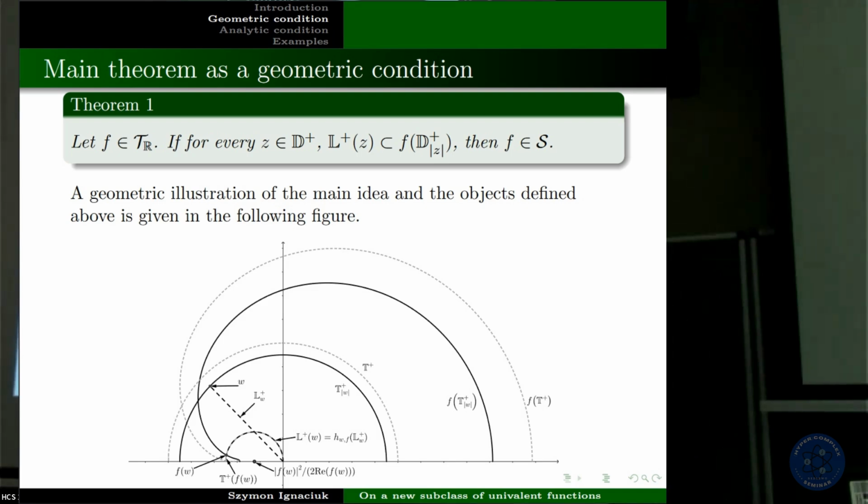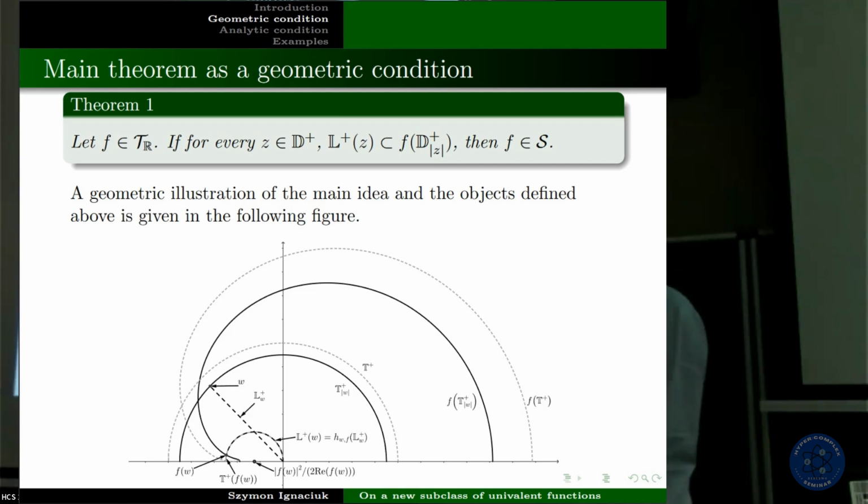And here we've got this arc is a subset of f of D plus modulus w, since this would be this area between the real line and this image of f of T plus modulus w.